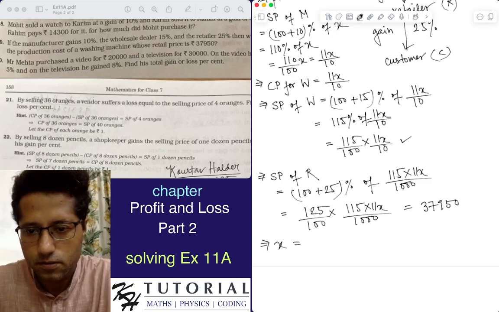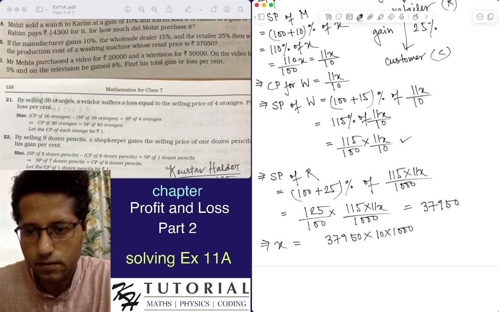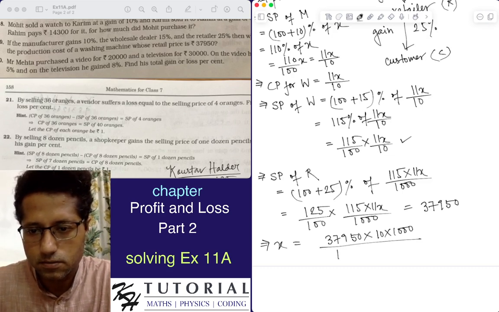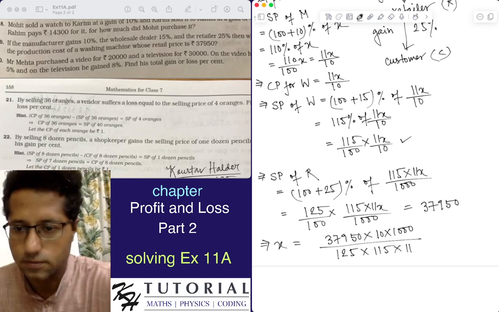This is 37950 multiplied by 10 multiplied by 1000 divided by 125 multiplied by 115 multiplied by 11. We have to solve this.